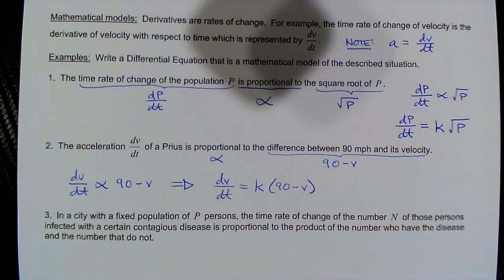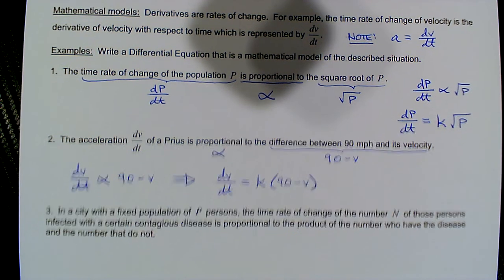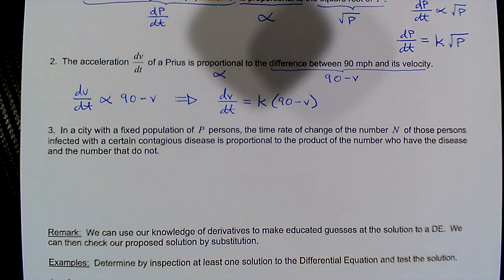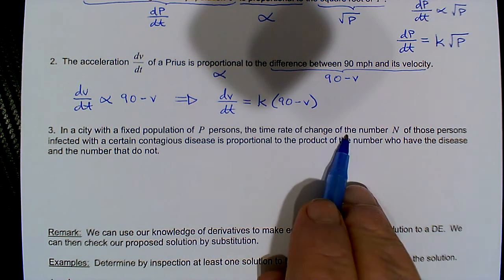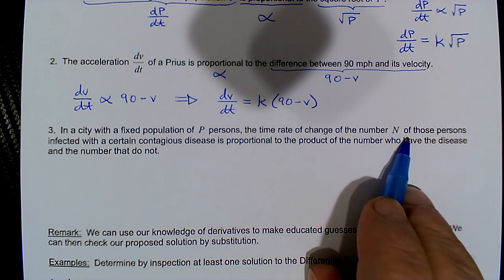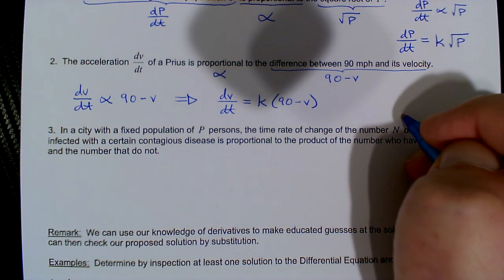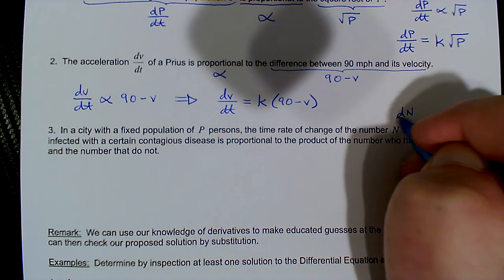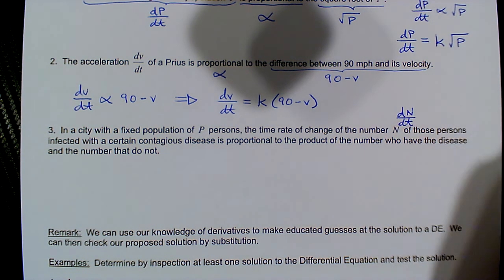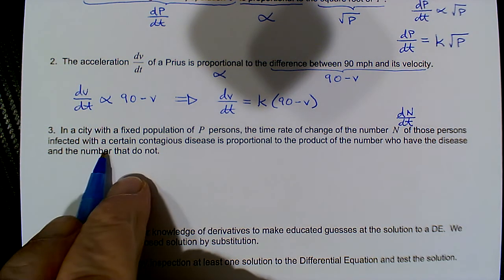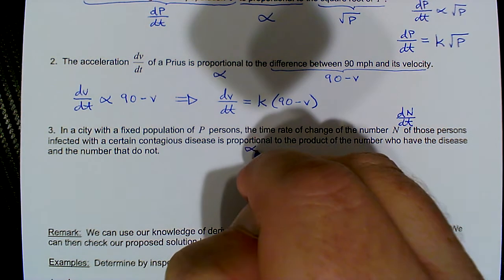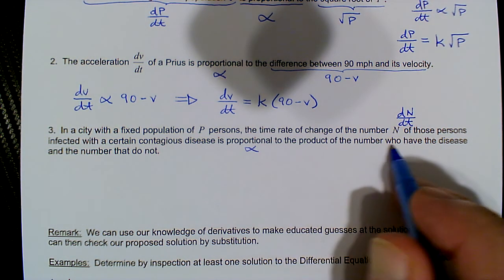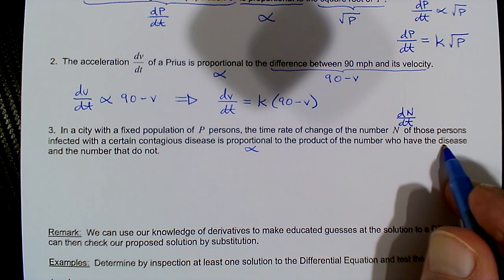Okay, and then we have something a little more interesting here. A city has a fixed population p, and the time rate of change of the number n, so that would be dn dt, where n represents those persons infected with a contagious disease, is proportional to the product of the number who have the disease and the number that do not.